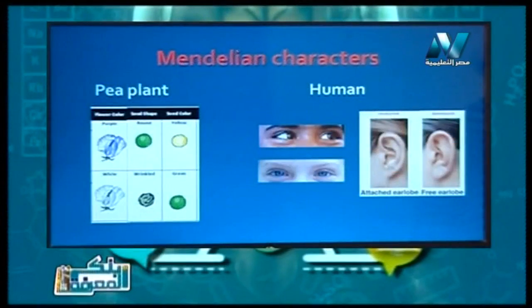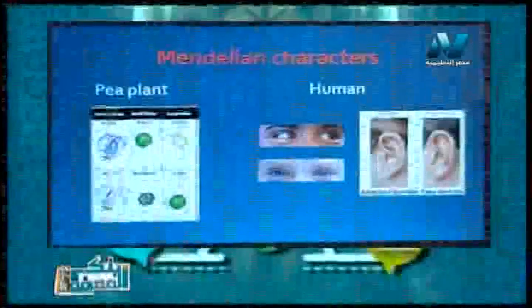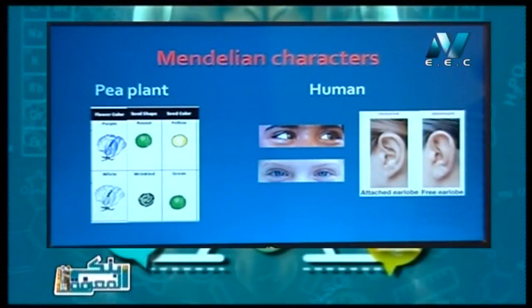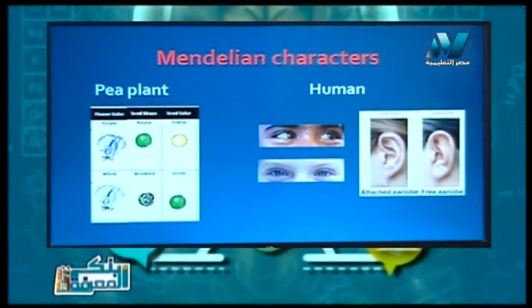Okay, so today we are going to study the non-Mendelian characters, which do not follow Mendel's laws. Of course, we have to think about what the Mendelian characters apply to: of course, the pea plant.